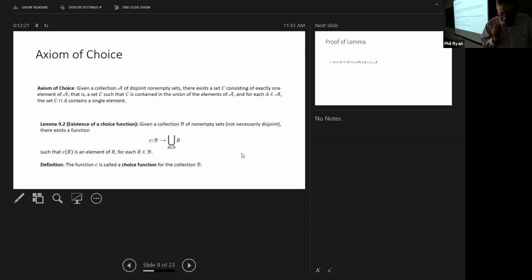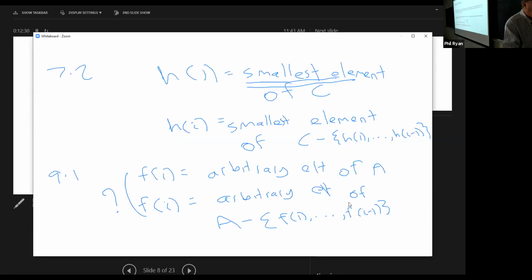Okay, so why does that follow from the axiom of choice? The typical way that you use the axiom of choice is you want a collection of all non-empty subsets of a set.